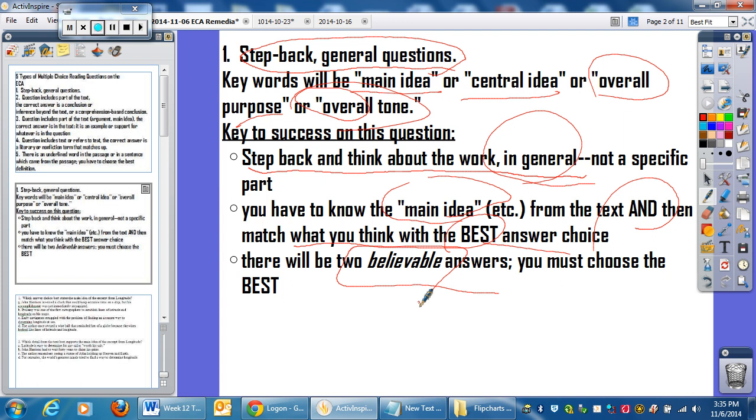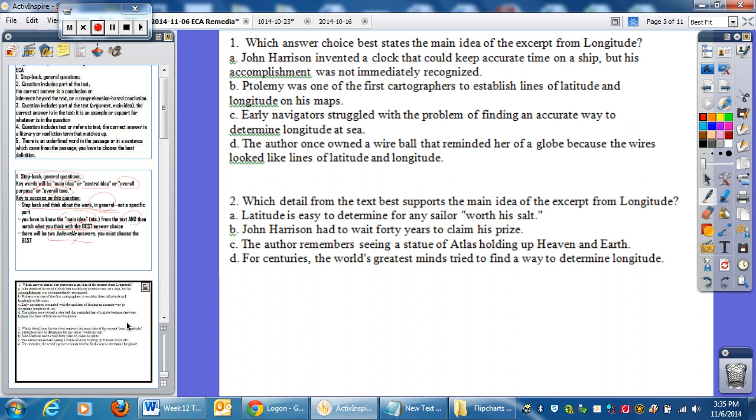A good example of this is the questions that were on a test that I administered to my English 10 class today over an essay called From Longitude, right here. If you look, the key word of the question says, which answer choice best states the main idea of the story?